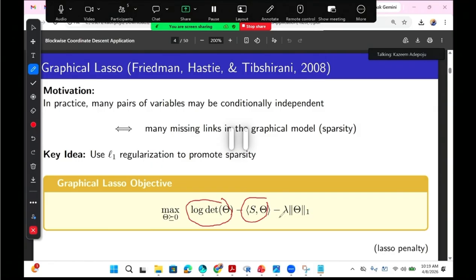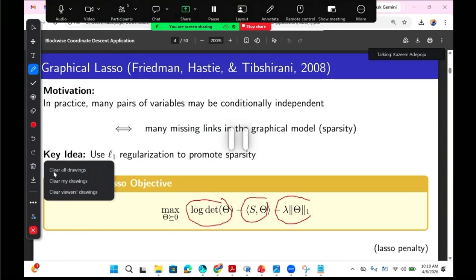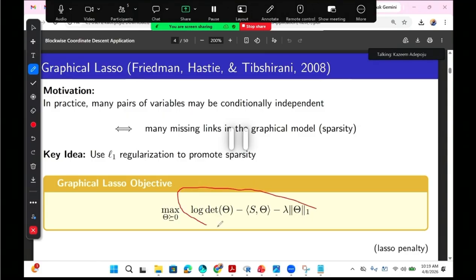But if I want to enforce sparsity, a simpler network that can be easily interpreted, then I need to include a penalty from lasso. So this whole thing is what Friedman, Hastie, and Tibshirani 2008 looked into.